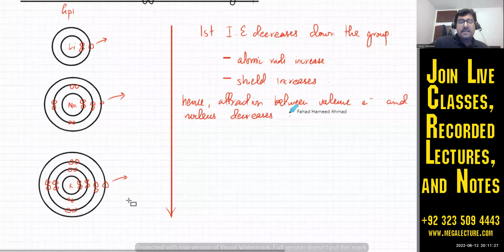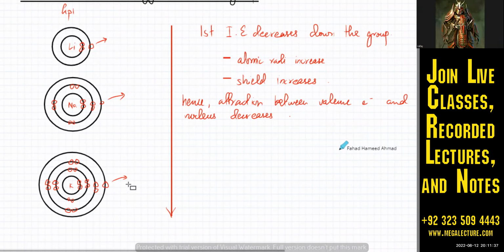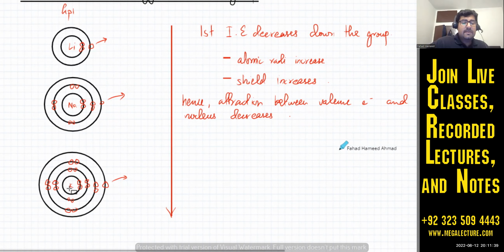There's one factor that actually goes against this. What is that one factor? It's obvious: increasing protons. Potassium has more protons, so the electron should be more strongly attracted, but there are two factors that go against it.